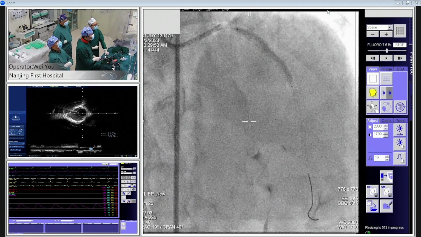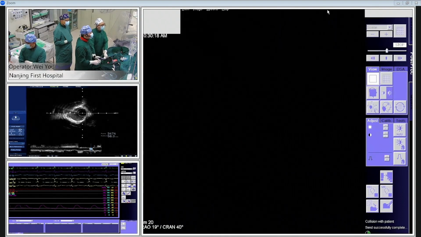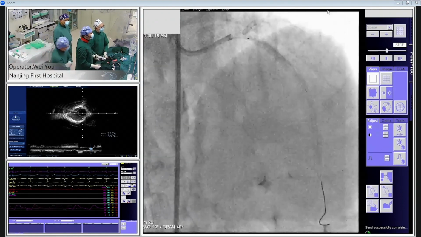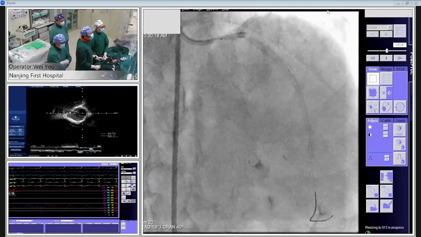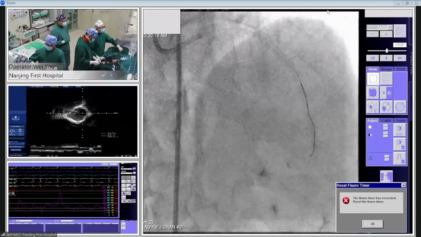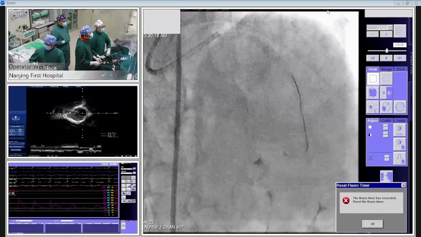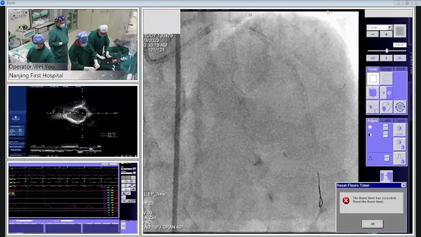Again, prepare the 2.5 NC balloon. Okay, 15 seconds. Done. Prepare the 2.5 and 3.5 balloons. When pulling out the stent balloon, we should be cautious.